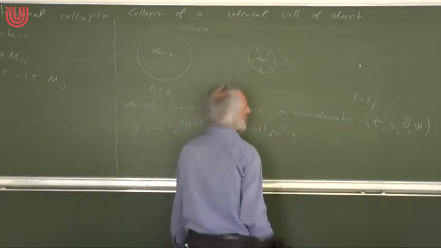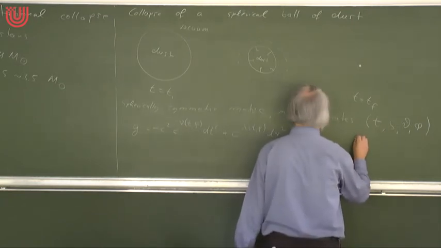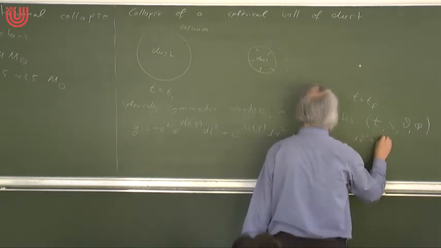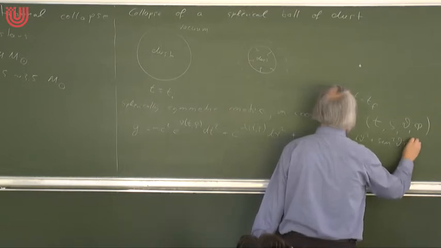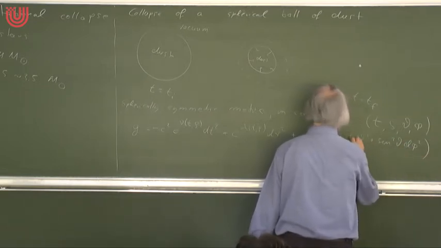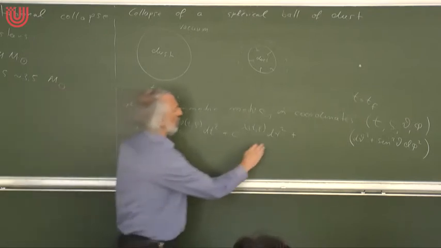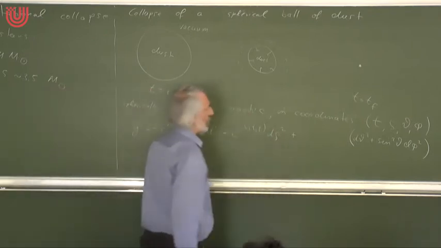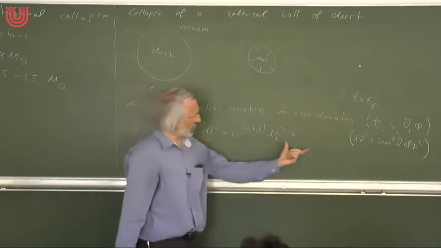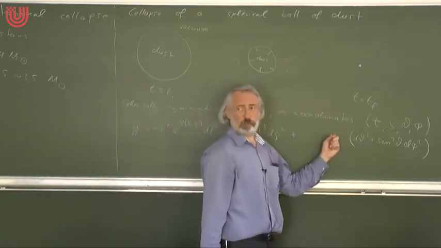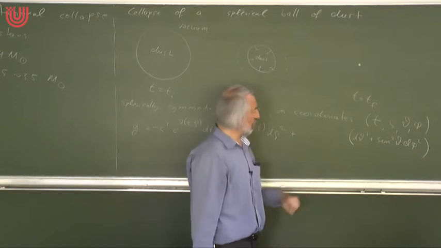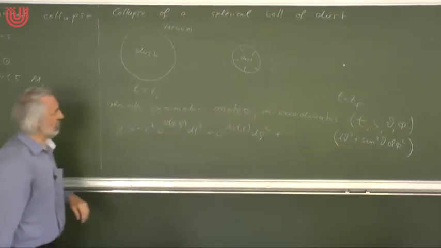And then I have something in front of the angular part. So the angular part is d theta squared plus sine squared theta d phi squared. And what we have in front of this can be made equal to the radius coordinate. When we worked out the Schwarzschild solution, actually we did this. We had just a rho squared here in front of this. This can always be done by an appropriate choice of the coordinate.